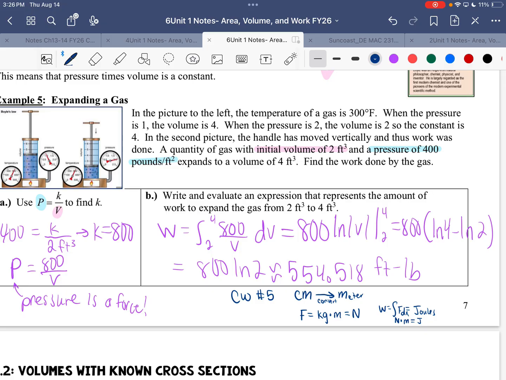Oh, wait, no, that's So it's basically like this.